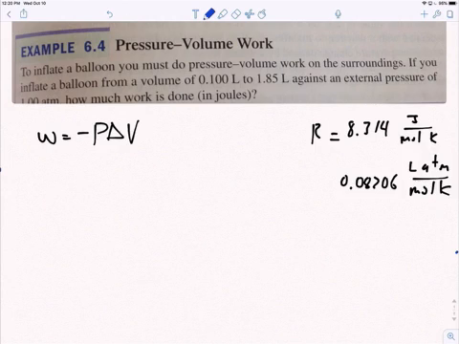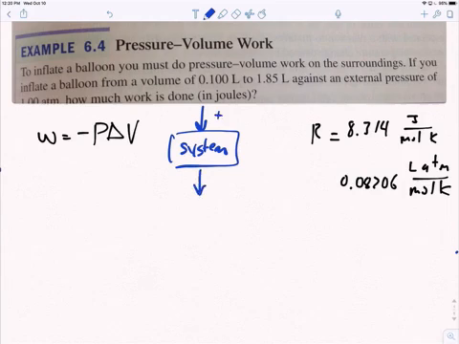And part of this is the direction. And so we have our system. The energy going into the system or out of the system depends on the direction, and it also depends on your reference frame.